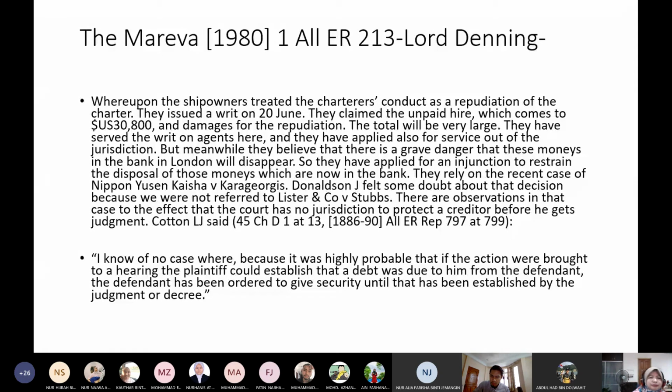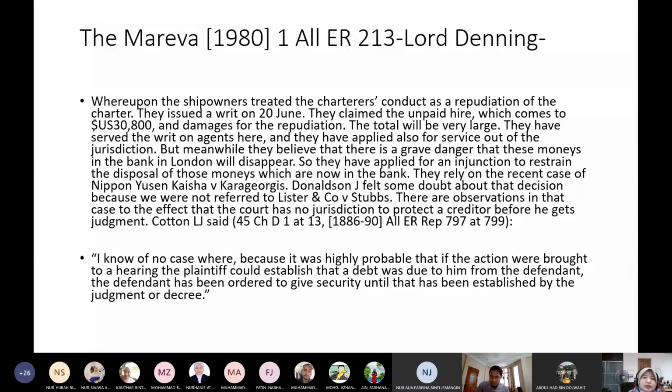Lord Denning mentioned that Donaldson J felt some doubt about that decision because we were not referred to Lister and Company. There are observations in that case that the court has no jurisdiction to protect a creditor before he gets judgment.